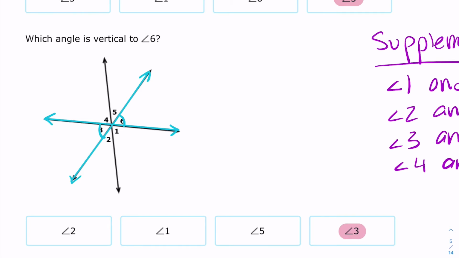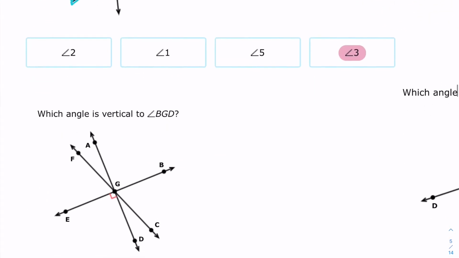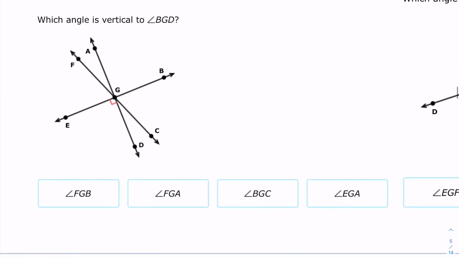All right. Next one. What is vertical to BGD? So BGD. Where's BGD? BGD is right here. And so this right here is actually a right angle. What is vertical to it? Well, G is the vertex here. We have GB and GD.